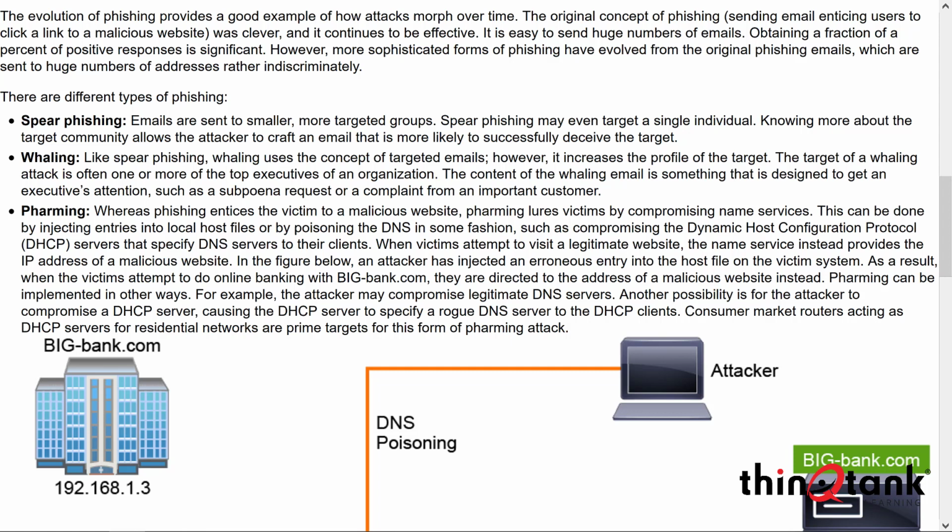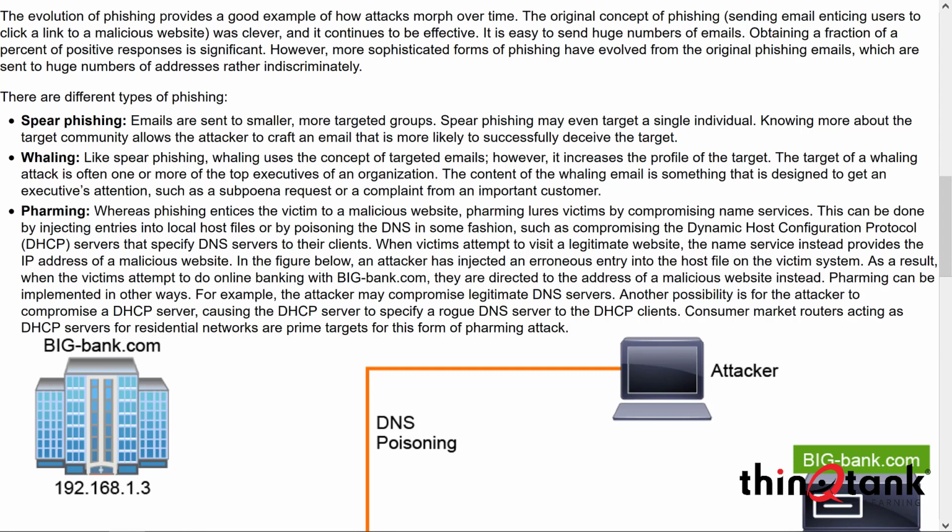Whaling would be more of targeting a top executive or somebody that has a more privileged level of access, like the term the casinos use. Here comes the whale. The whale is the big spender, right? Well, in this case, the whale is the person that has access to really, really valuable information.